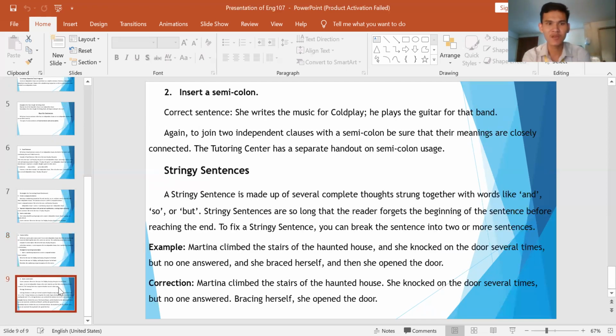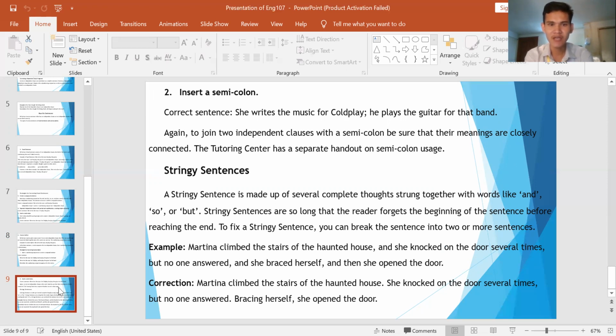Number two, insert a semicolon. What is a semicolon? Correct sentence: she writes the music for Coldplay; he plays the guitar for the band. So the two sentences are closely related. Again, to join two independent clauses with a semicolon, be sure that their meanings are closely connected.